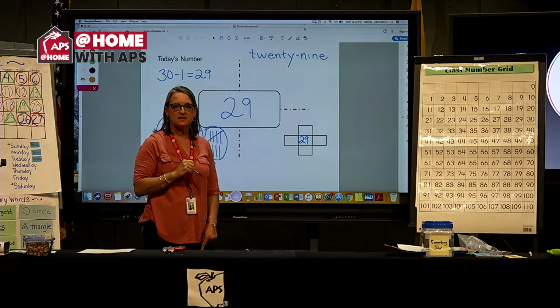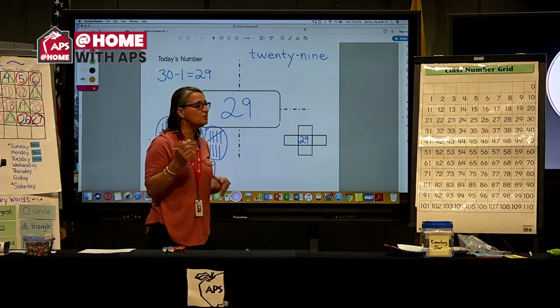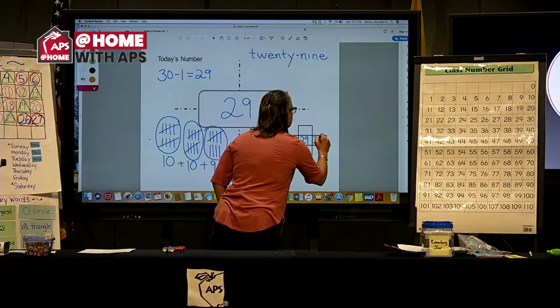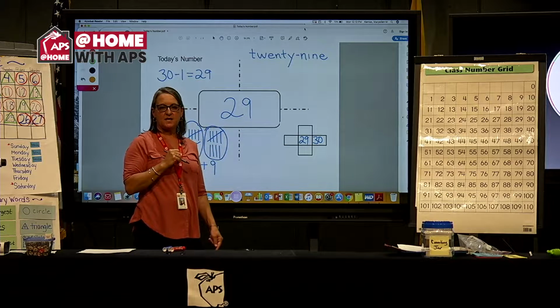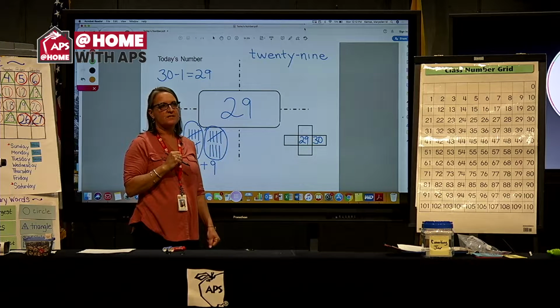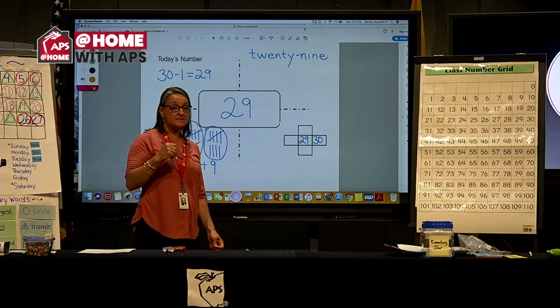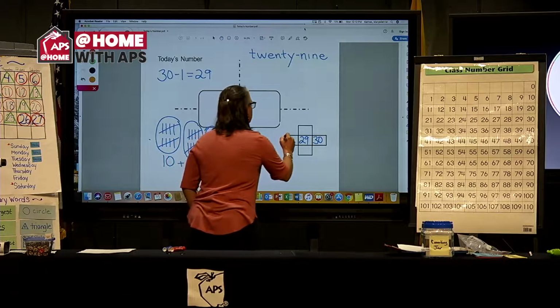We're going to switch families from the 20s to the 30s. That's right. So 30 is what comes next. So what comes right before 29 then? Sometimes I think about what comes right before 9? 8. So what comes right before 29? 28. That's right.